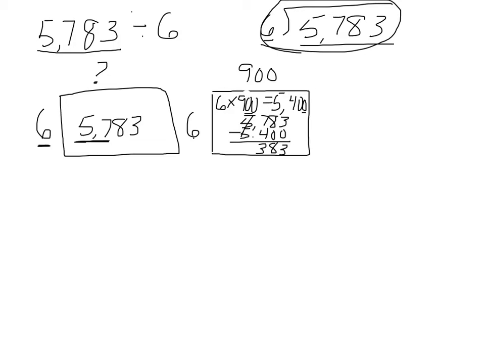I'm going to add another box to my area model. I don't know my quotient, so I'm going to ask myself 6 times what is going to equal something close to, and I'm just going to take 38. So 6 times what equals something close to 38? Well, I know 6 times 6 is 36. So instead of my question mark, I'm going to put a 6 in there.